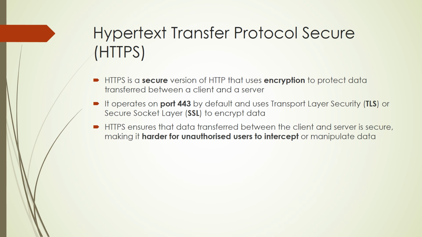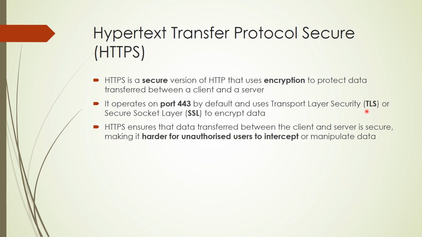Then we have another protocol which is most secure, Hypertext Transfer Protocol Secure. It is the latest version, with encryption to protect data transfer between a client and a server. It operates on port 443 by default and uses TLS or SSL to encrypt data.